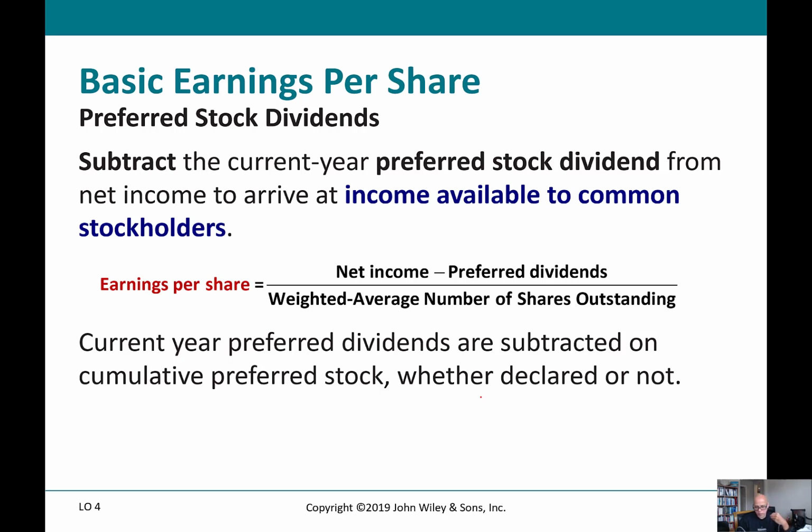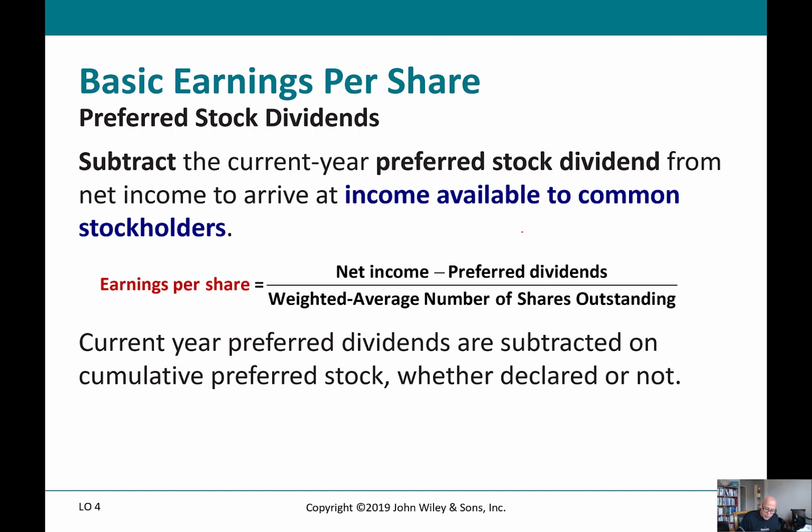And remember when we talked about dividends, if those dividends accumulate and they're in arrears, we have to subtract them whether the company declares or pays them or not, okay? And so we would subtract those from net income, and then we divide that by something called the weighted average number of shares outstanding, okay?